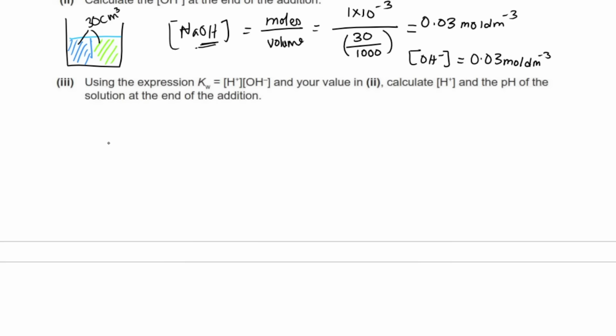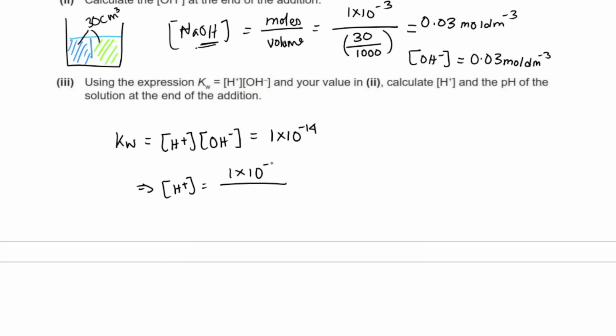Okay, so Kw is H plus into OH minus concentrations, which is 1 times 10 to the power minus 14. So H plus is 10 to the power minus 14 by 0.03, which gives us 3 times 10 to the power minus 13.